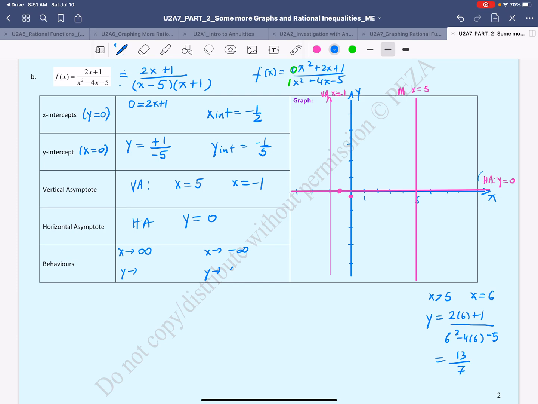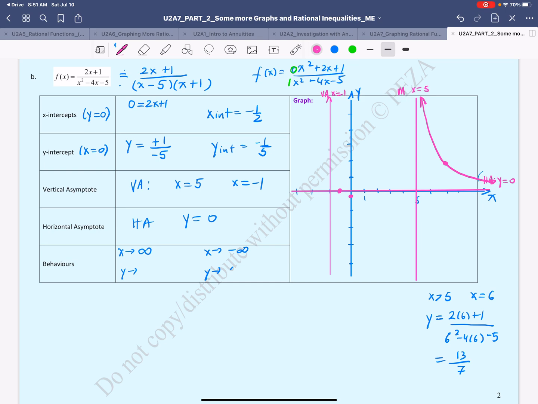And 13 over 7 will be about 2, which tells us that the graph will be in this section above the horizontal asymptote.